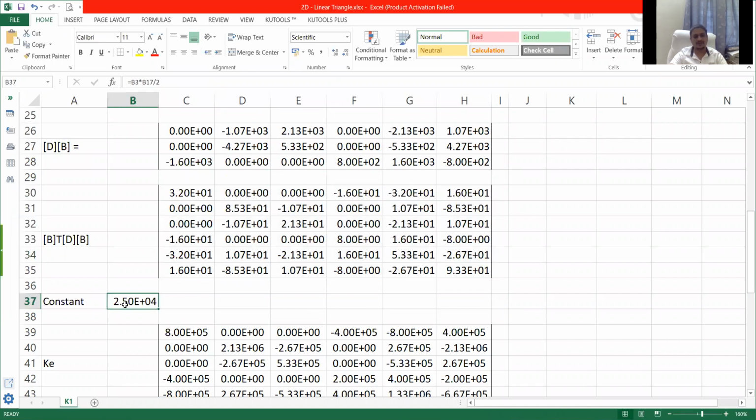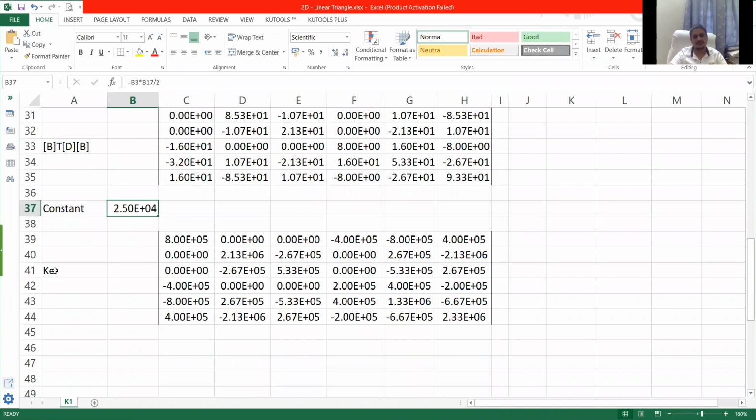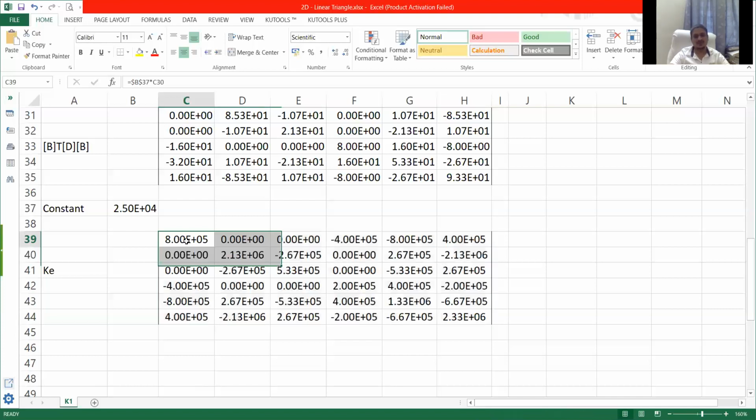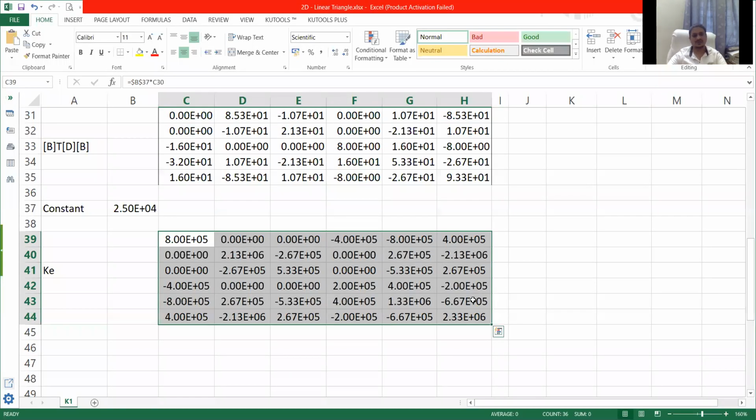Finally, you have a stiffness matrix of size 6 by 6, because at every node we have 2 degrees of freedom and there are 3 nodes. So ultimately you are going to get a symmetric stiffness matrix K for a 3-noded 2-dimensional triangular element. The rest of the procedure is exactly similar for the further calculations.